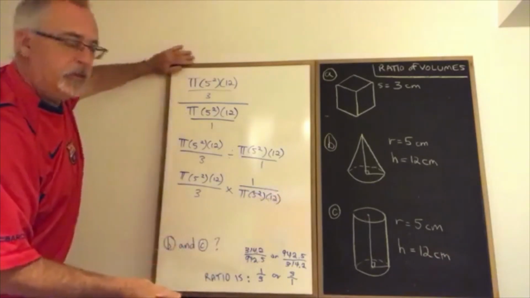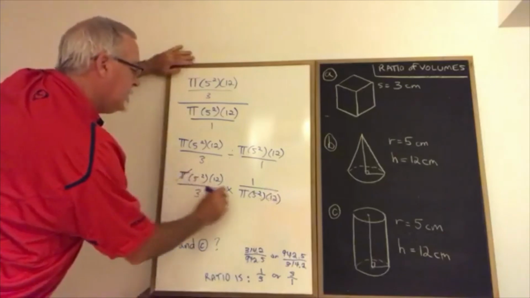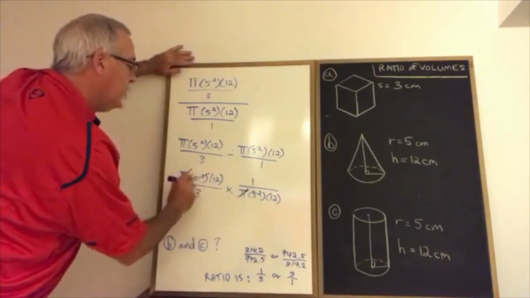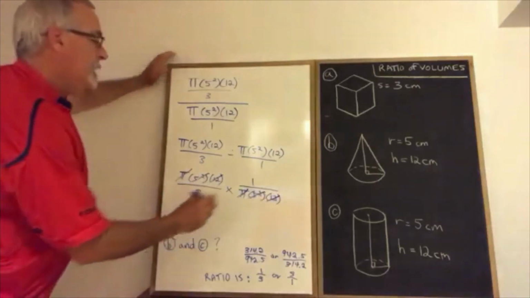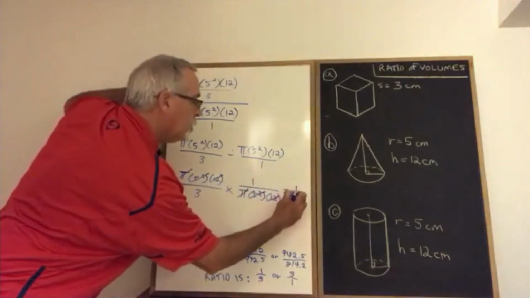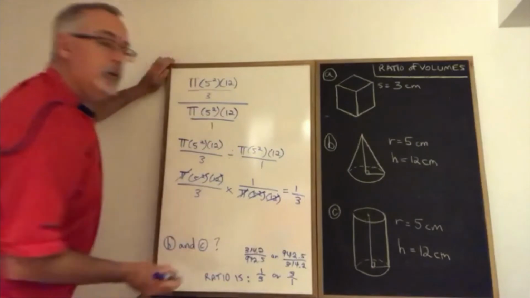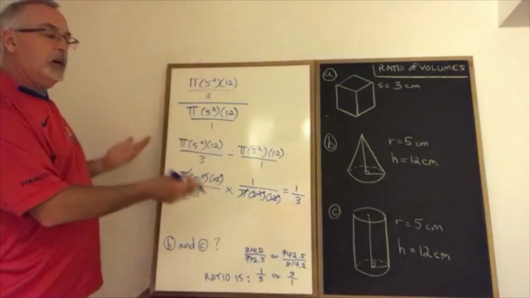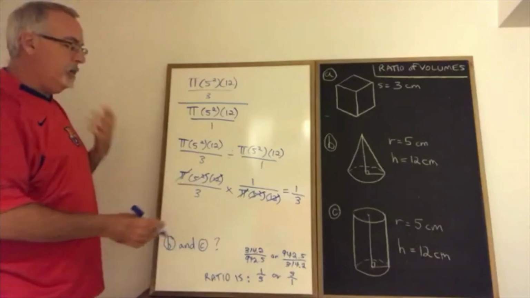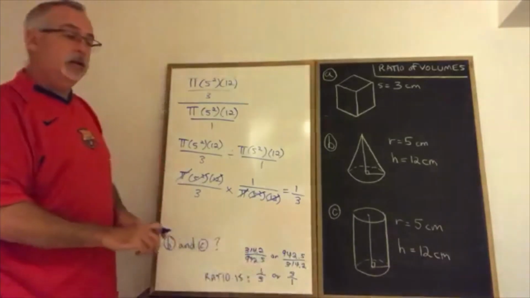Well, now we can simplify. The pi's will cancel. The 5 squareds will cancel. The 12s will cancel, and all we have left is a 1 on the top and a 3 on the bottom. And of course, if we had done this whole thing upside down, we would have had a 3 on the top and a 1 on the bottom, just like these answers here.